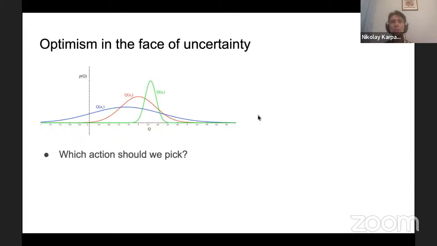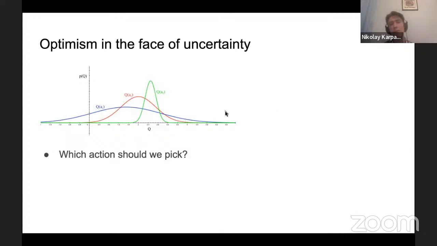For each action, in the memory of our reinforcement learning agent, we have a distribution of Q values. Each distribution tells the current approximation to the probability distribution of each action. The Q function here can also be thought of as the reward.